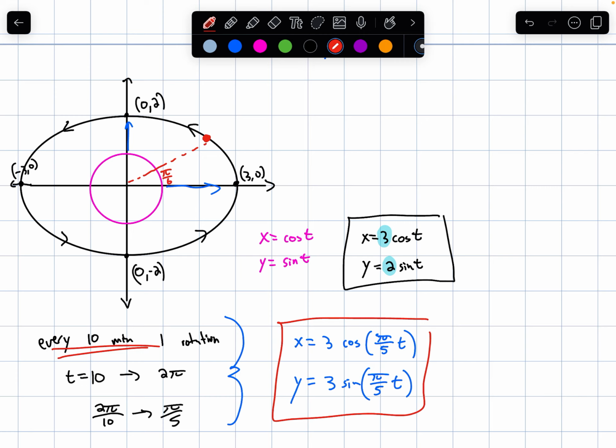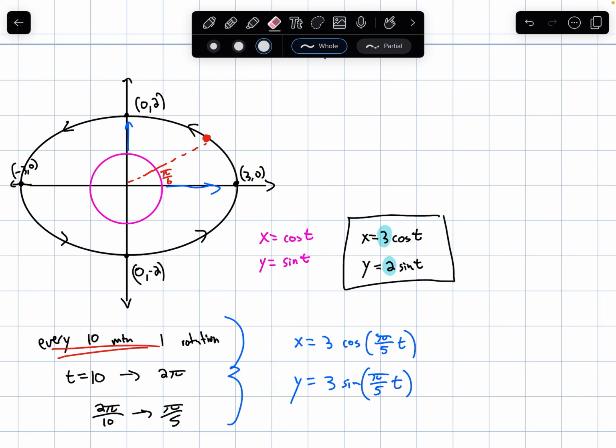If I wanted to start there instead of starting at (3, 0), well, it's actually very easy. I can just add pi over 6 inside my function. The easiest way to think about, well, why does that work, is because now at time 0, if I plug in 0 for t, these both become 0, and I am taking cosine of pi over 6 and sine of pi over 6.